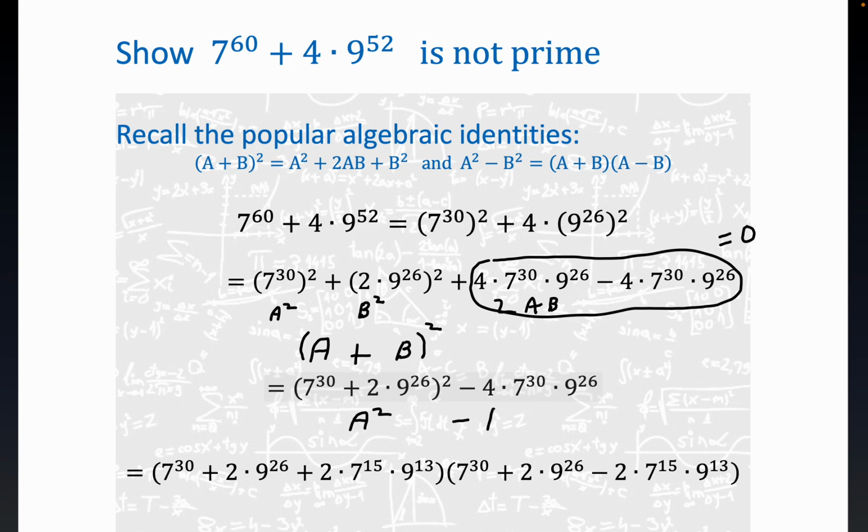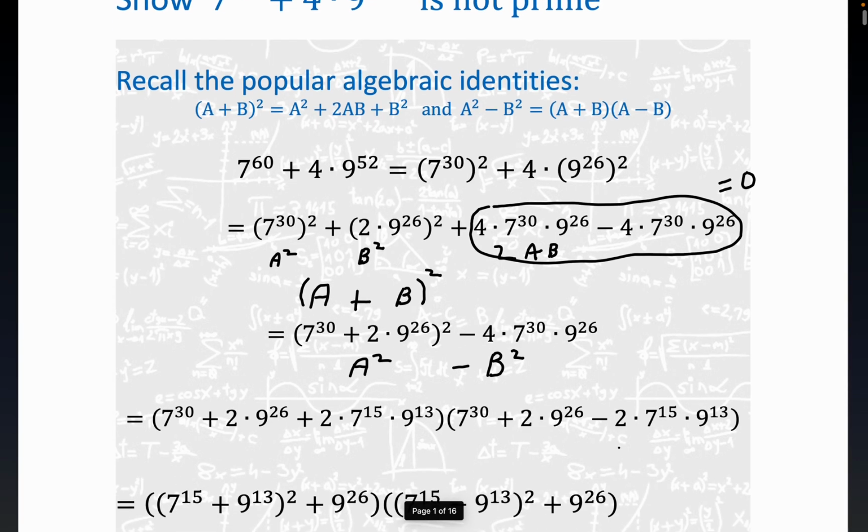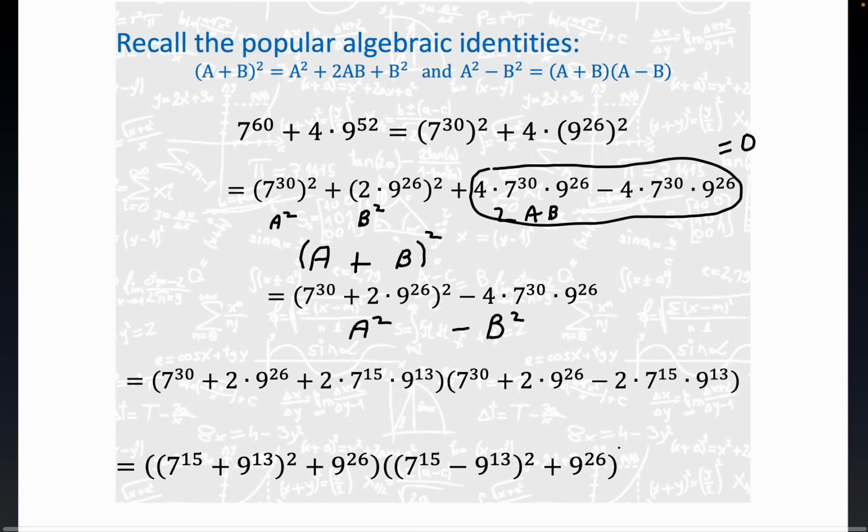I didn't explicitly write this down, but you can see that this object up here would be 2 squared, this would be 7 to the 15th squared, this would be 9 to the 13th squared, right? And now you can see where this very next line came from. This whole piece right here would be your a plus b.